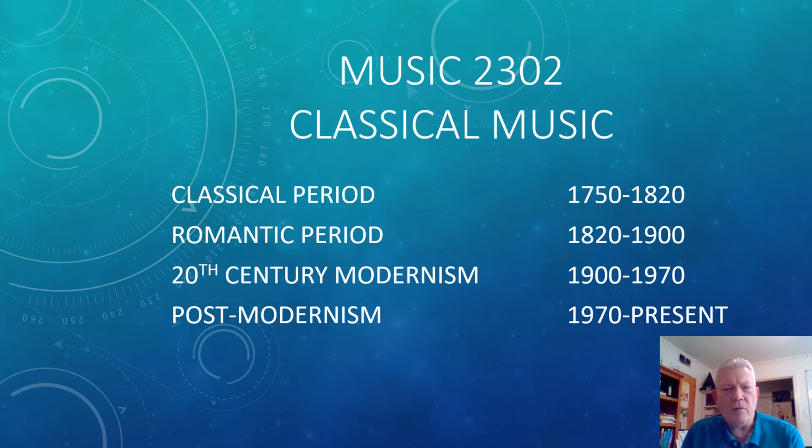and within the category of classical music in general, there was a small period you can see on my page here, the classical period from 1750 to 1820, approximately. And that was followed by the Romantic period, approximately 1820 to 1900. In many ways, the Romantic period was the whole century from 1800 to 1900.